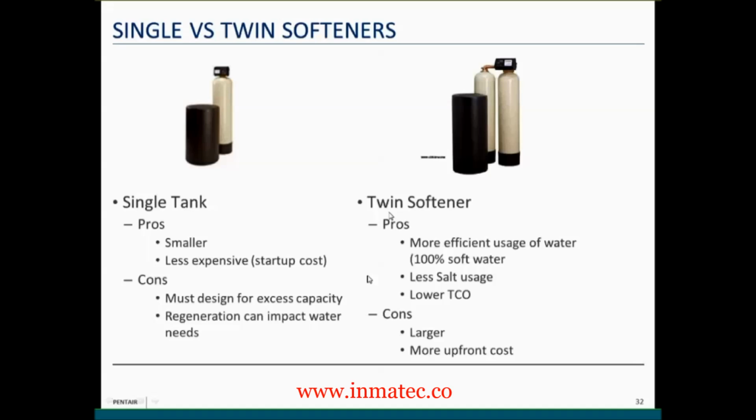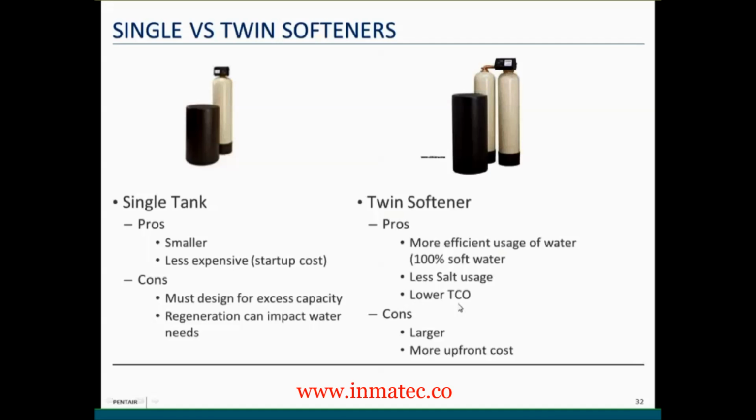A twin softener, the pros: it's a much more efficient use of water. 100% soft water all the time goes to the customer because when the first tank exhausts, it just switches tanks and regenerates this one. So the second tank is always ready to provide soft water whenever the customer needs it. There's less salt usage because you use the full capacity of the tank, not 10 to 30% less as in single mode.